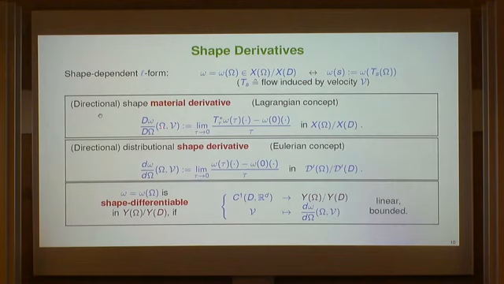So I introduce this velocity vector field as a direction parameter in the sense of a Gateaux derivative. So you differentiate in that direction? I differentiate in the direction of V. This is the material derivative in the direction of V. And this is the shape derivative in the direction of V.